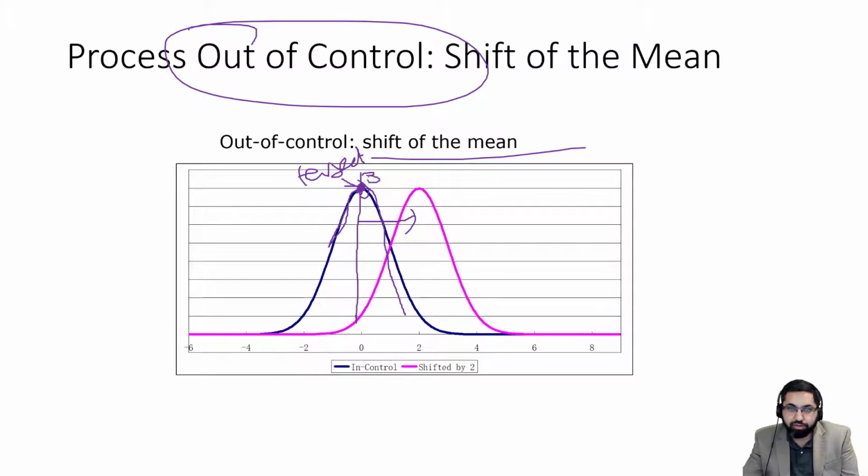Maybe your average was 30, right, and now it's 32. Okay, that's called shift of the mean. The process has not become wider. If you look at this, it's the same width as the other one, right? And so there's not been any increase in variation, but there's been a drift from the target value.